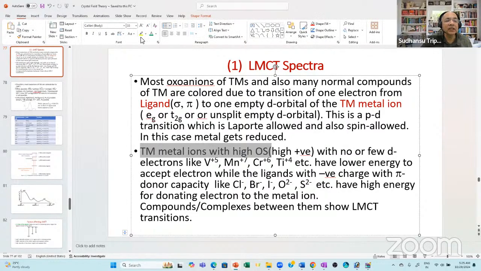So we will write down: high oxidation state with no d electron or at least one or two d electrons, and the ligands should have a lone pair with a negative charge with pi donor capacity. If acceptor capacity happens and there are more d electrons, then the probability of MLCT will be high. So it's a lone pair which can be donated. It's called pi donation capacity.